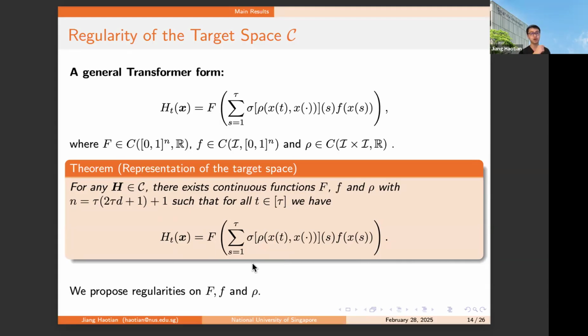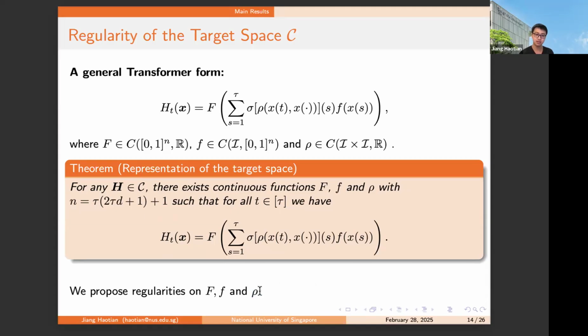By imposing regularities on these three functions, we can have a regular subspace in which to consider the approximation rate. And indeed, the approximation of these two pointwise functions uses the feed-forward part, and the approximation of the pairwise interaction function rho uses the attention part.